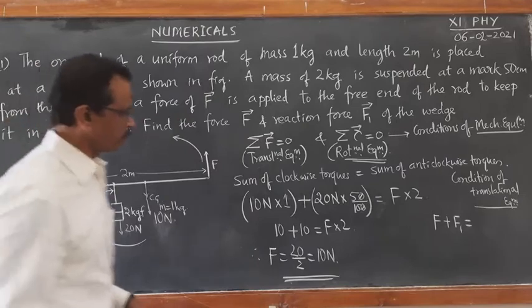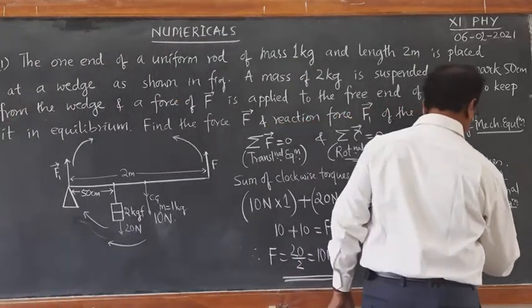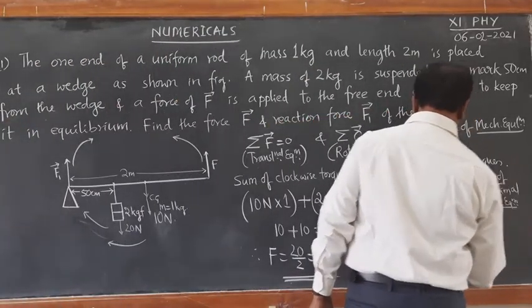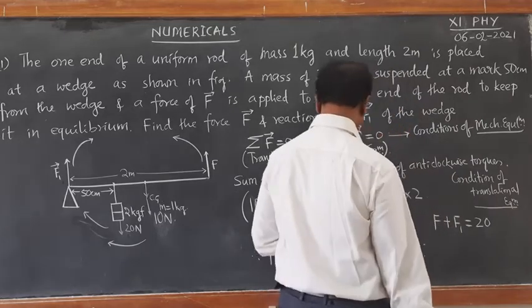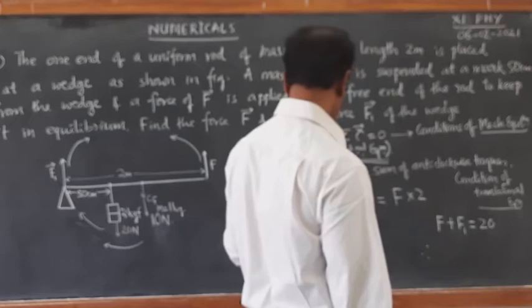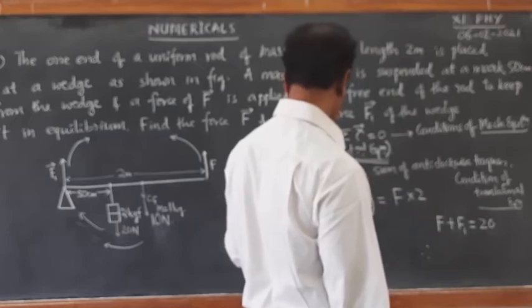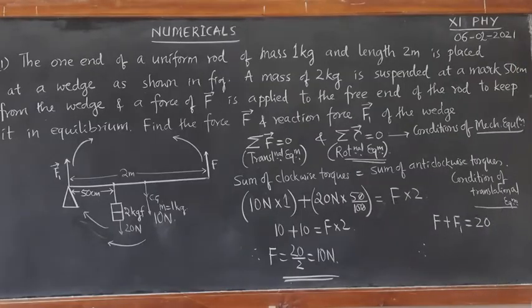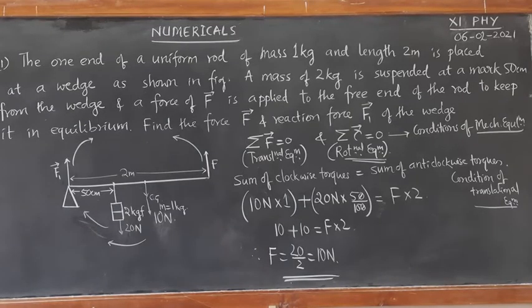This is 20 Newton. Therefore, we want F1. F1 becomes equal to 20 minus... let me check once again. We have to check the direction. Look at the problem carefully.